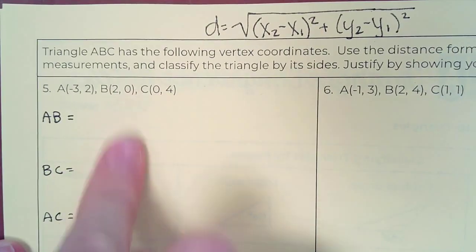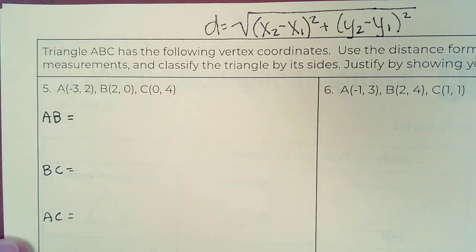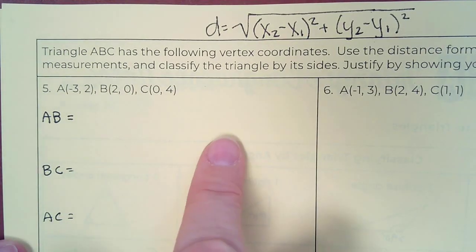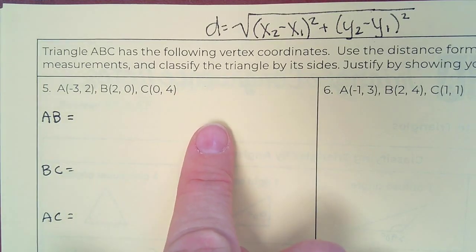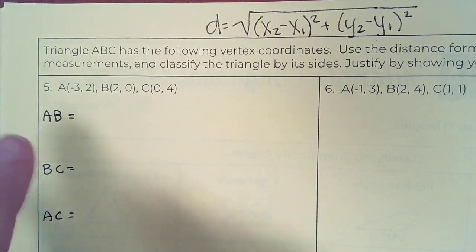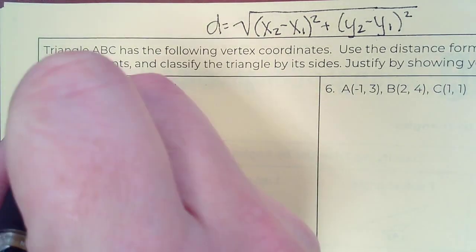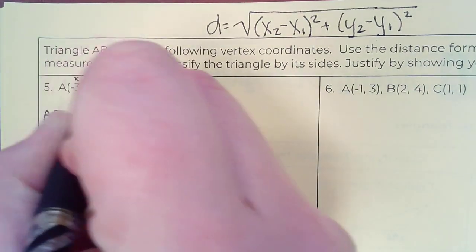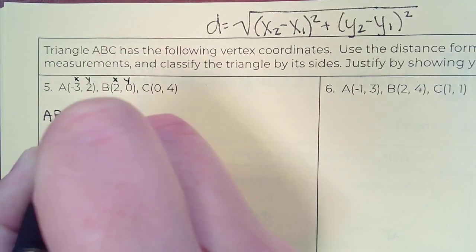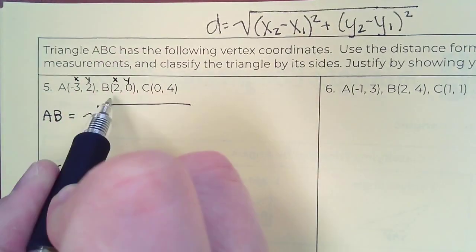If any of these come out to be the same, then we can classify. So we're looking to classify as equilateral, isosceles, or scalene. So let's go ahead and start with AB. So remember, this is x and y, x and y. So the square root of, so I'm going to go 2 to the 3.